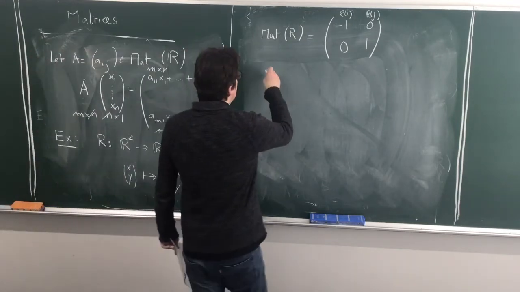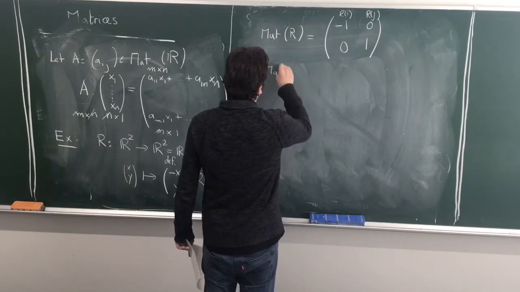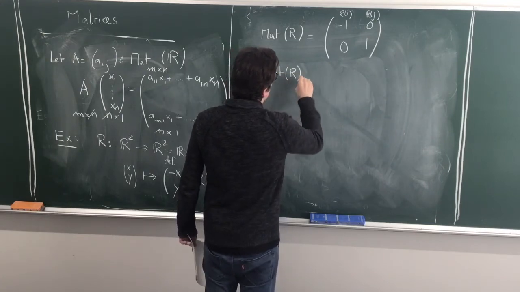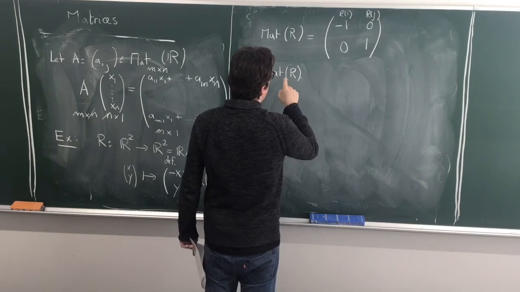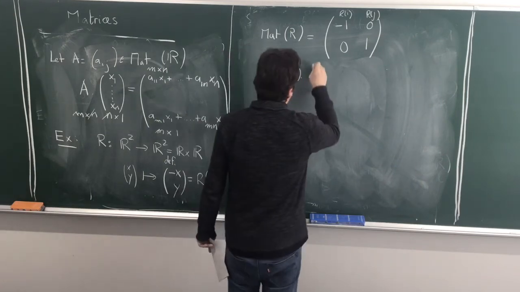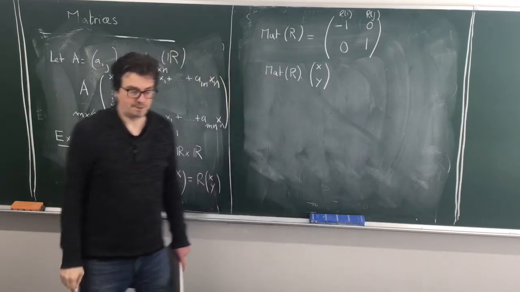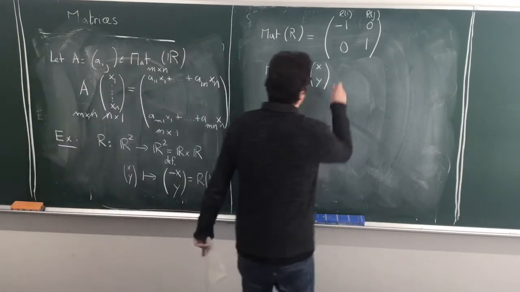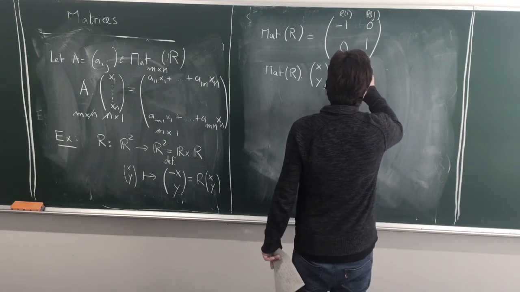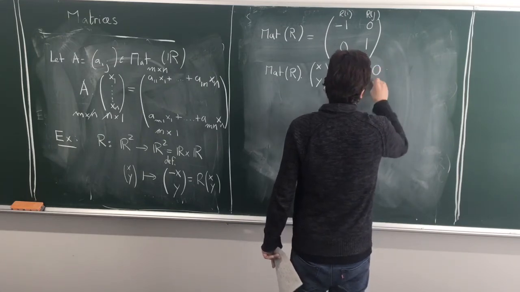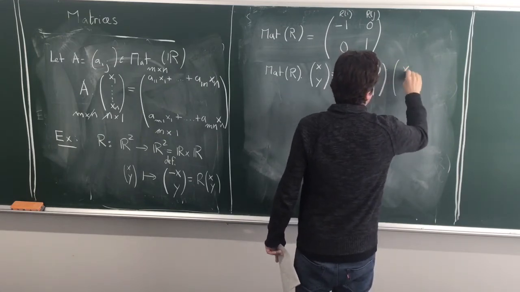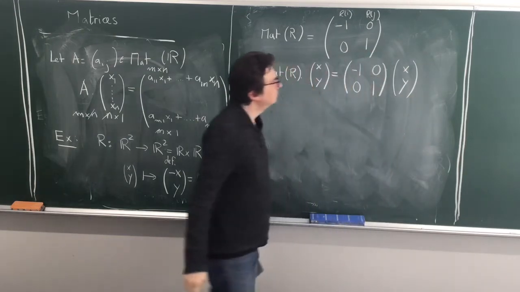Well, let's try to do this computation. We are going to multiply this matrix by a column vector x, y. What do we get? We get the matrix -1, 0, 0, 1 times x and y. Okay?